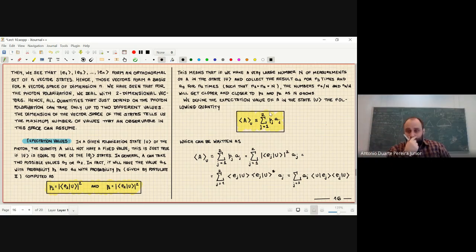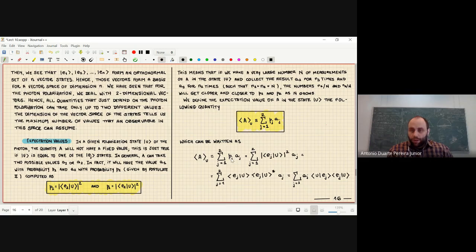But what I do here is just rewrite the expression in terms of those mathematical quantities. So the expectation value of A in the state U is the sum of Pj times Aj.